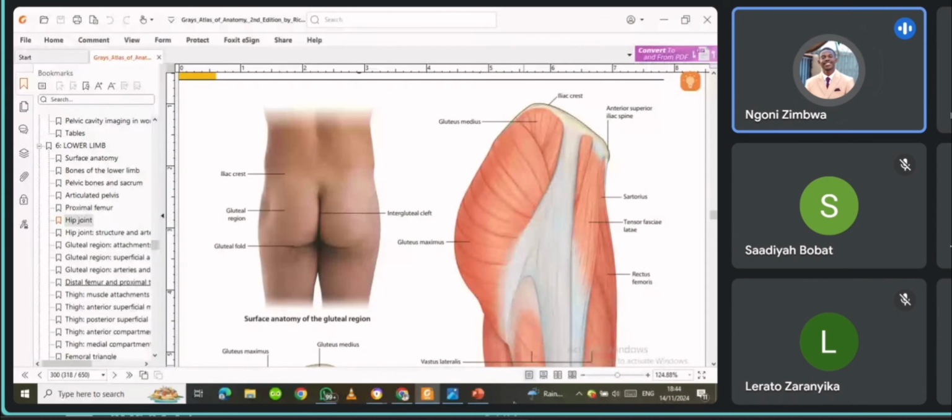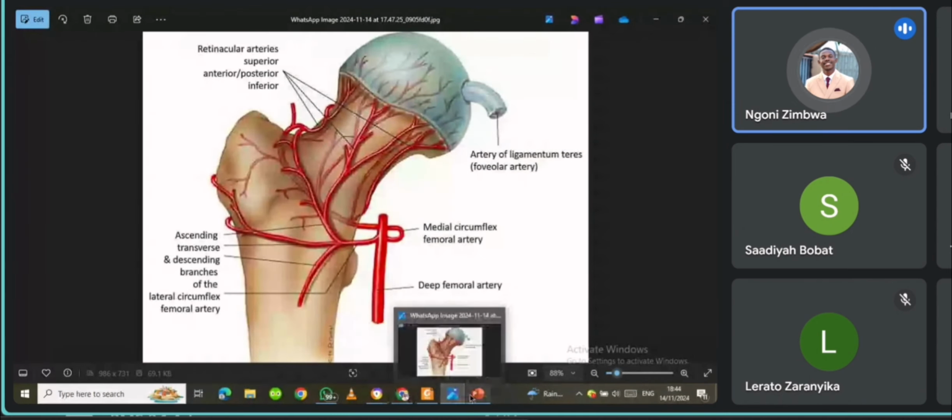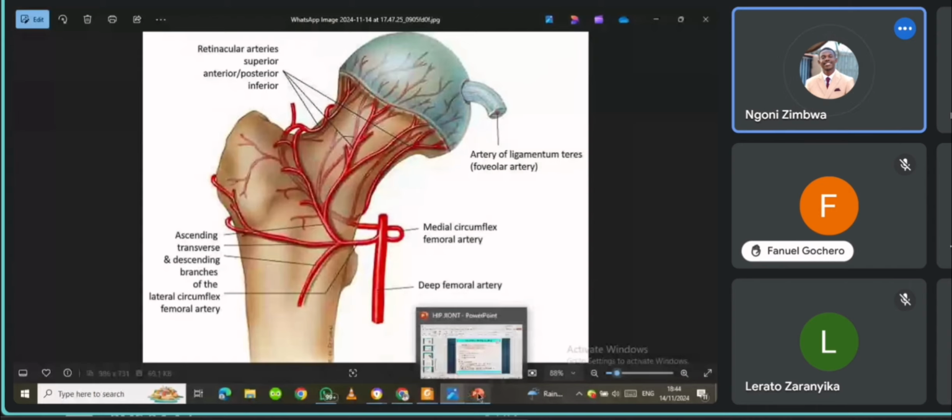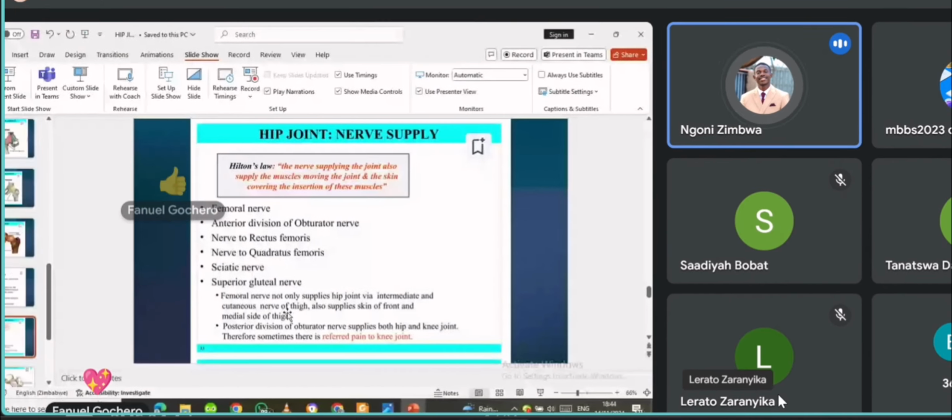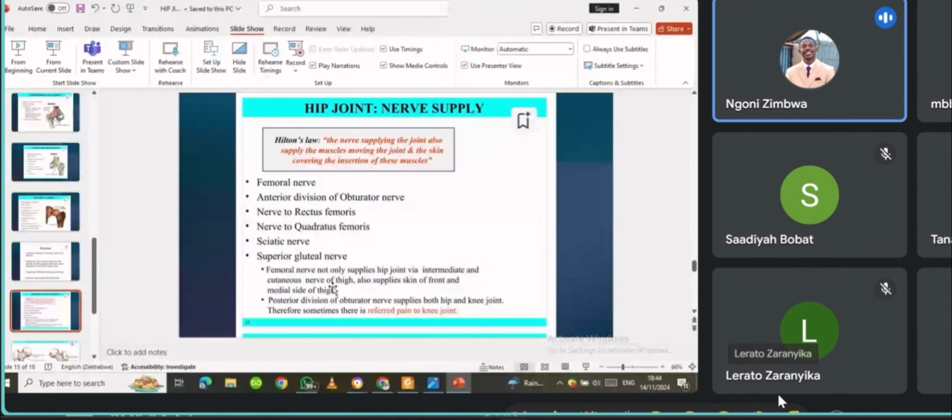All right, so this is our nerve supply. Also take note of this: the femoral nerve is the main nerve that supplies the hip joint.